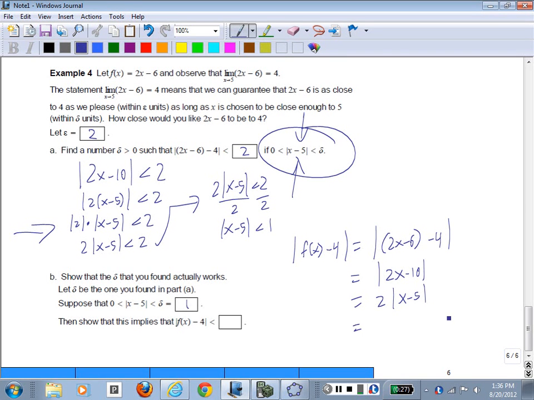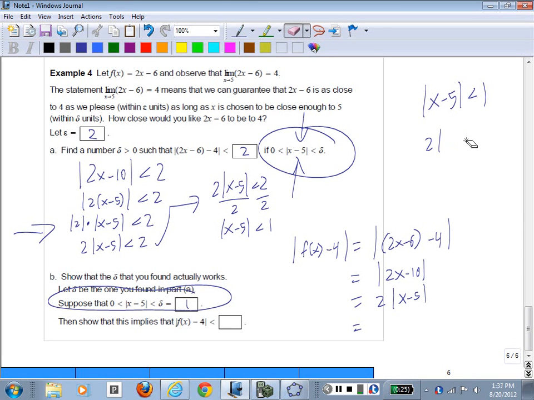And so, if we know that the absolute value of x minus 5 is less than 1, and we're assuming that right here, we're supposing the absolute value of x minus 5 is less than 1, would it make sense then to say that 2 times the absolute value of x minus 5 is less than 2? Could you multiply both sides by 2? Sure.